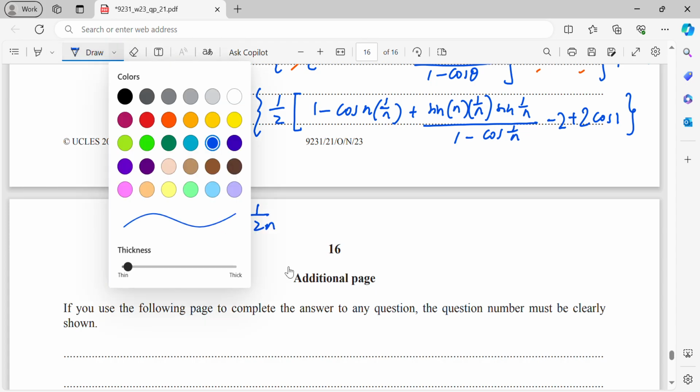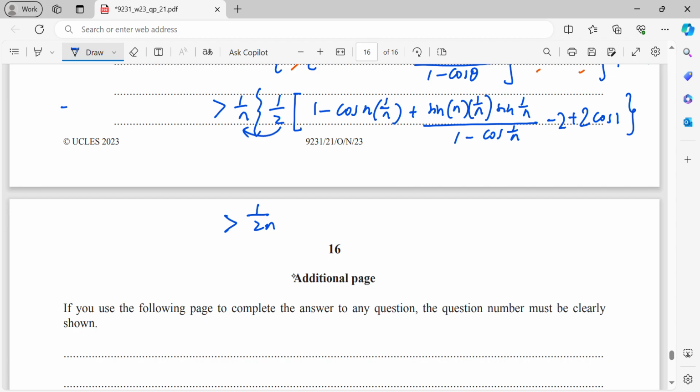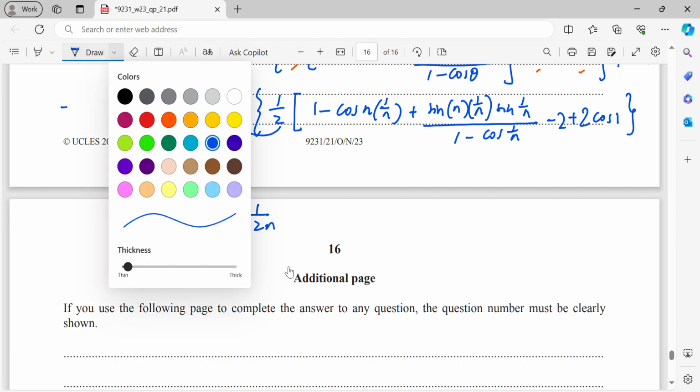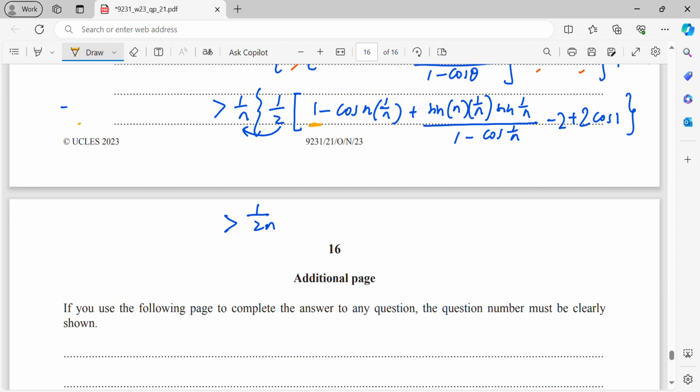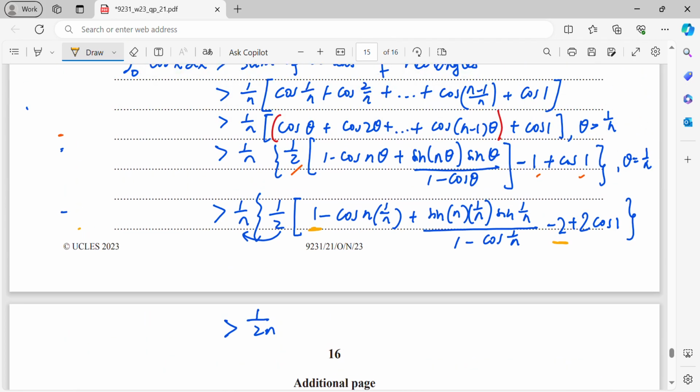I factorize the half and combine with the n. Okay, and now I simplify. So here is 1, this is minus 2. So 1 minus 2, I get minus 1. Write it down first, never mind.